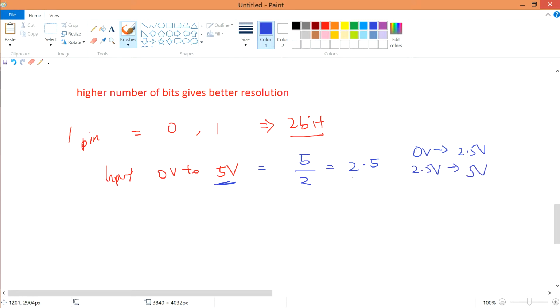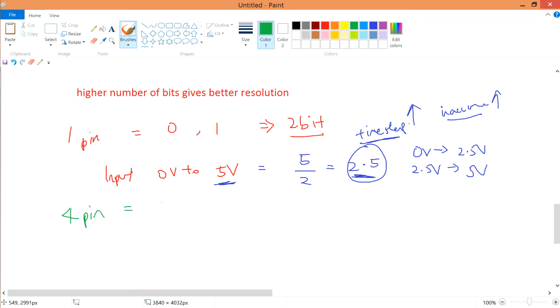This value is like a time step, so to speak. The larger the time step, the more inaccurate it is.